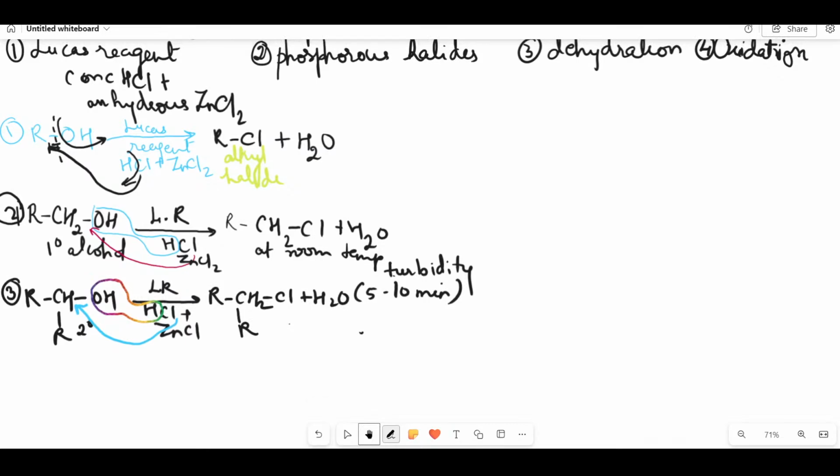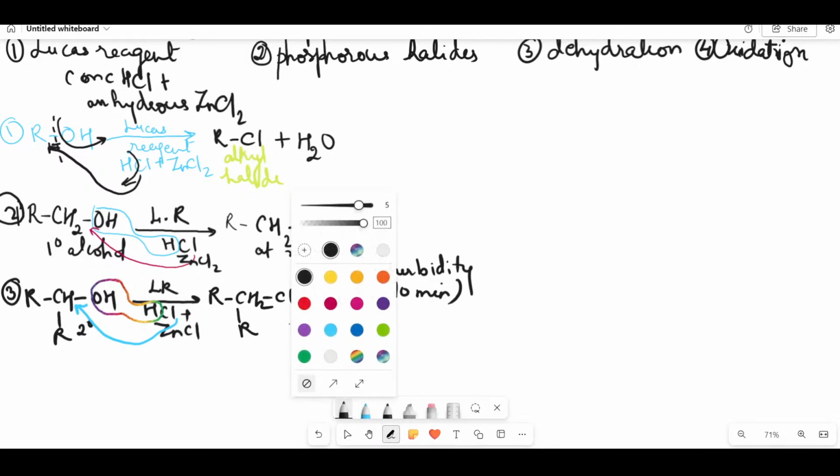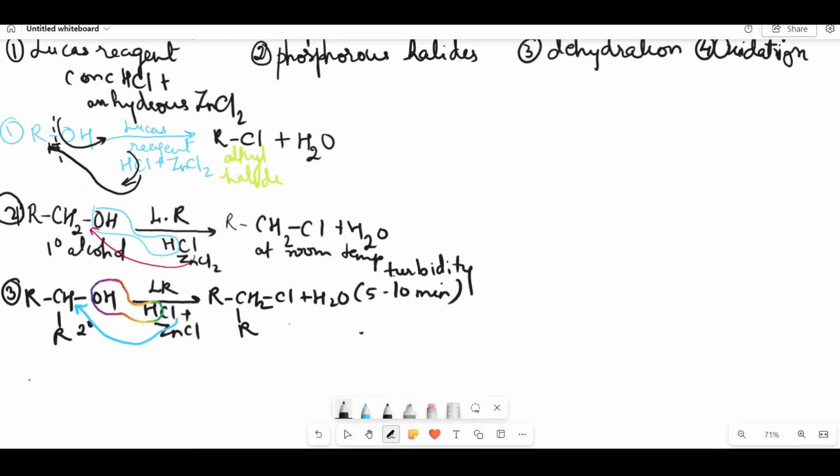I'll take another reaction now. Let me take one tertiary alcohol. With the 2-degree alcohol, we have obtained a turbid solution in 5 to 10 minutes.